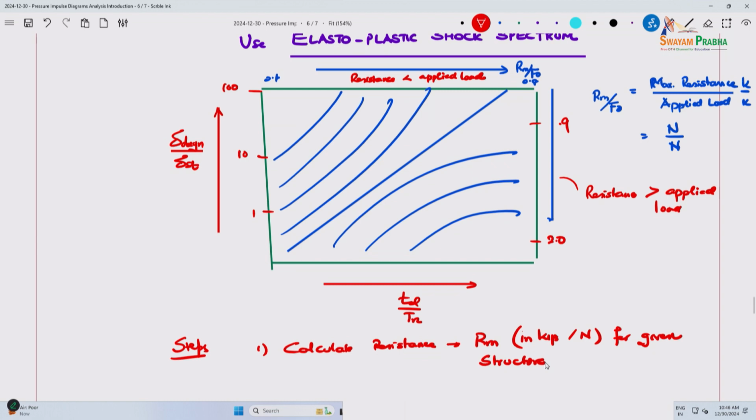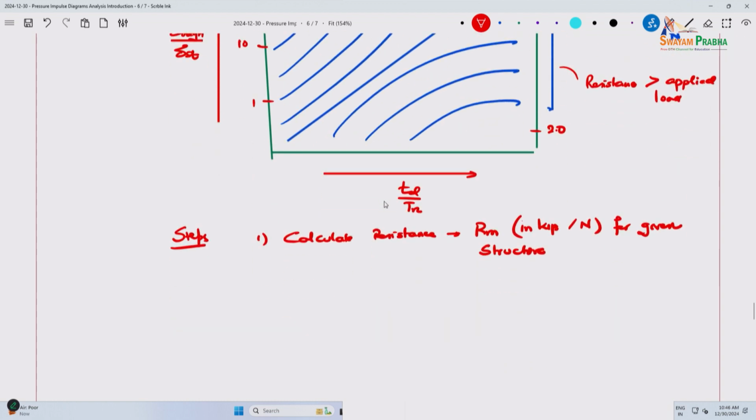I know you're coming from a variety of backgrounds, so I'll go through all the details so that you're not lost in the steps. Even though you calculate a moment resistance or a shear resistance, the moment resistance is converted to an equivalent force resistance.